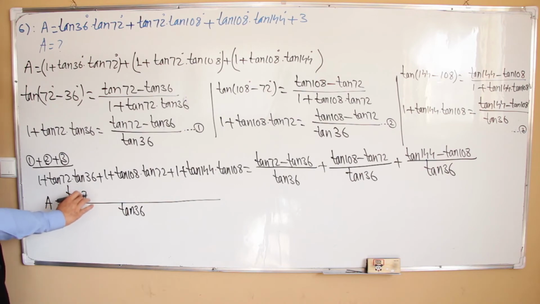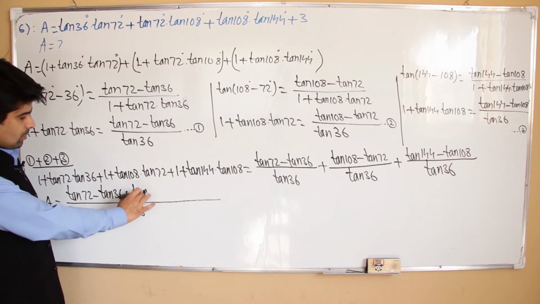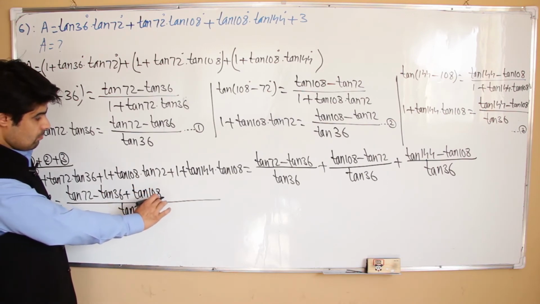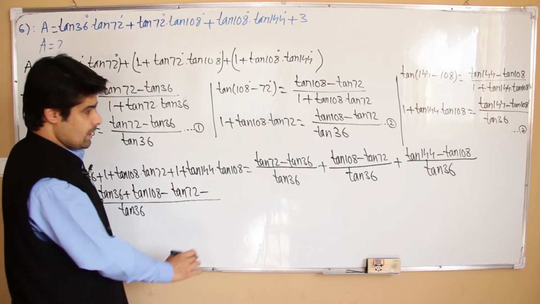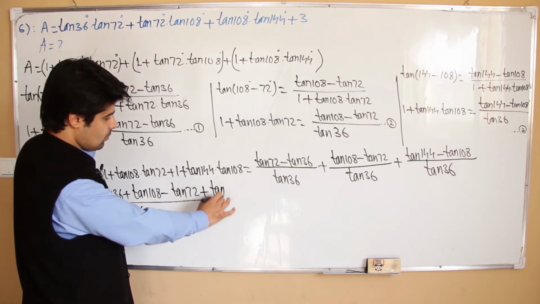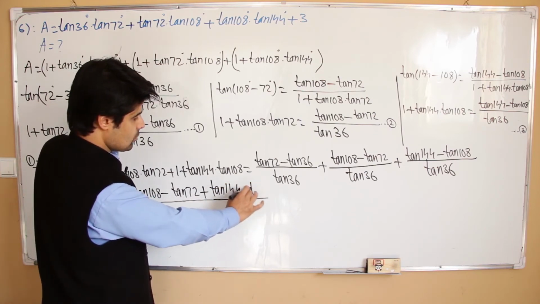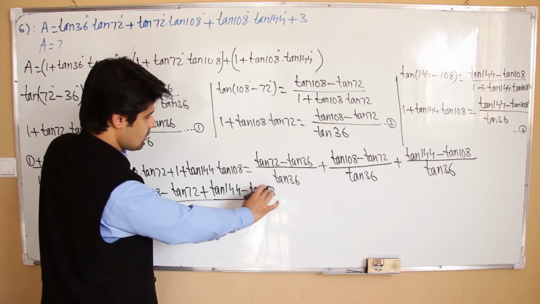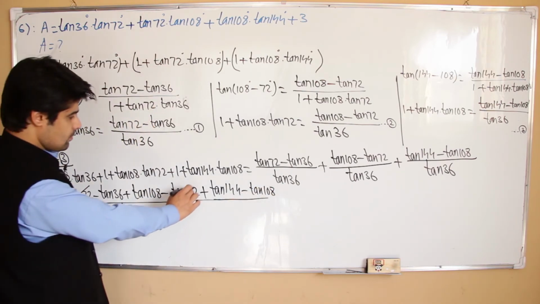Tangent 72 minus tangent 36 plus tangent 108 minus tangent 72 plus tangent 144 minus tangent 108. Now, here, this is cancelled.